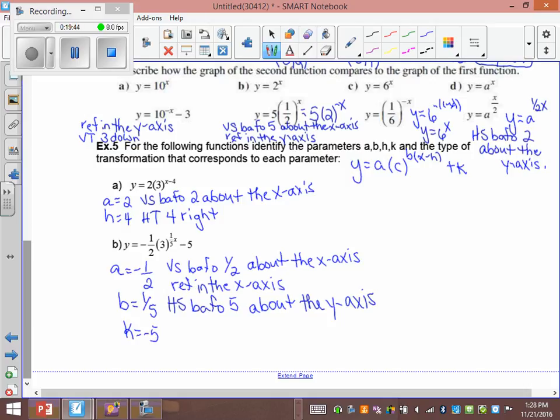It's not with the variable, so we keep it. So it's 5 down. Then flip over.